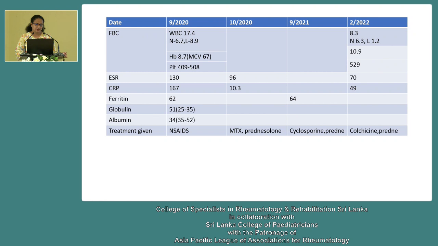So 2020 September was the first time she presented to the hospital, and that was 1.5 years duration. Other than the high ESR and CRP, there is slightly higher globulin as well, but we have not done specific assays to see whether certain immunoglobulins are higher or not.